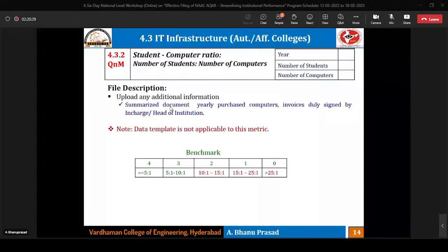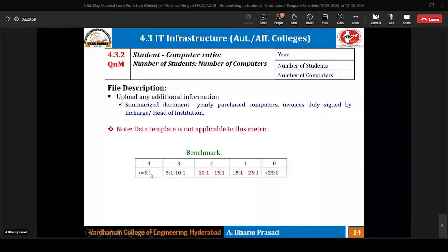Based on UG and PG, the computer ratio is 1:5 and 1:6. If we maintain 1:25, it is 0. If we maintain 1:5 to 1:10, in between, we get 3. And if we maintain greater than or equal to 1:5, we are happy.